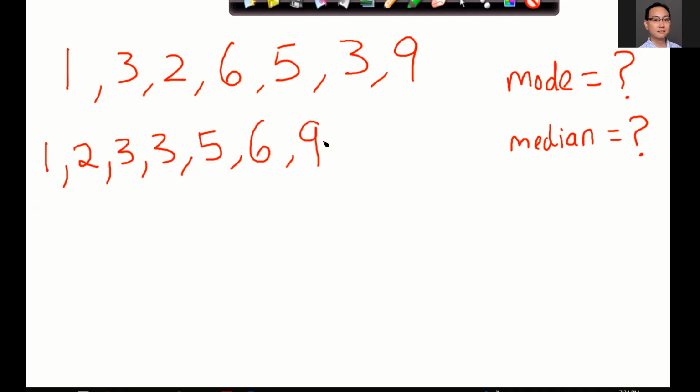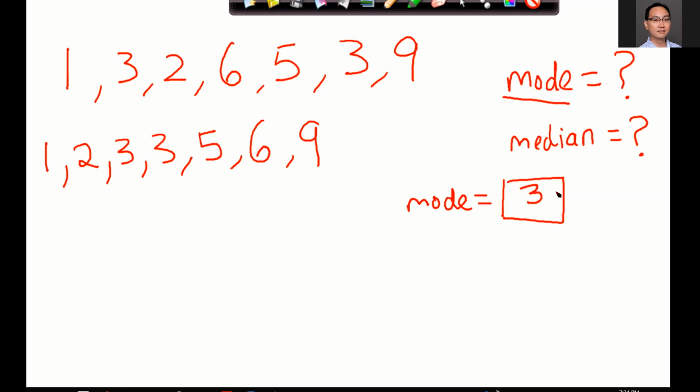So how do I know what is the mode? Anybody? What is the mode? 3. Yeah, correct. Mode is 3.